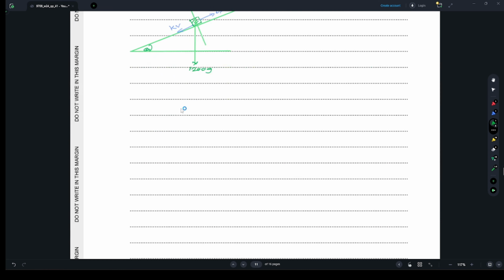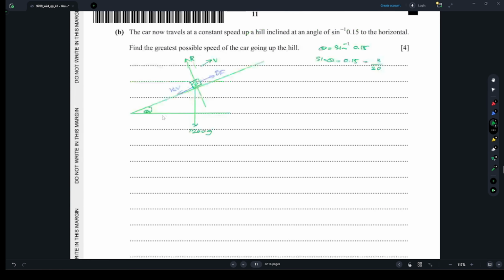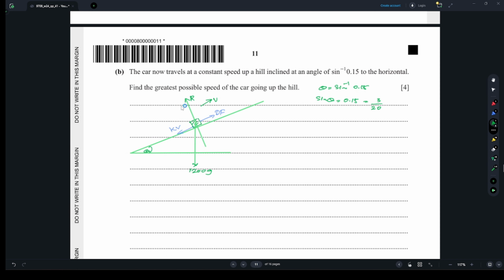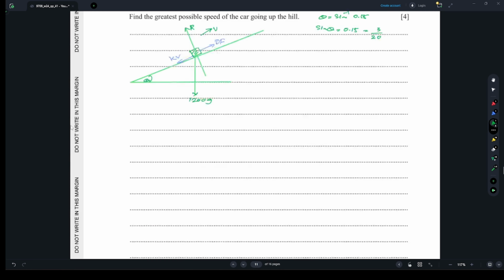Now they are saying it's with a constant speed, so there's no acceleration, right?